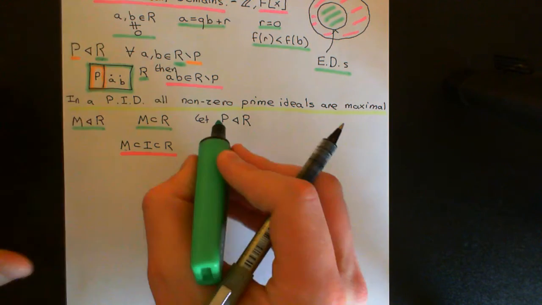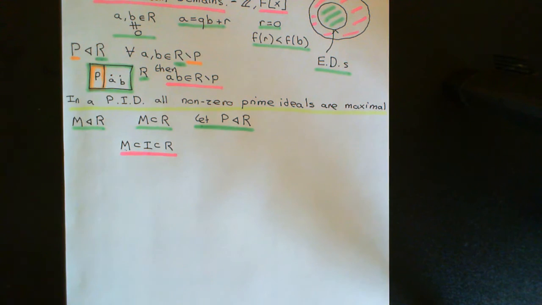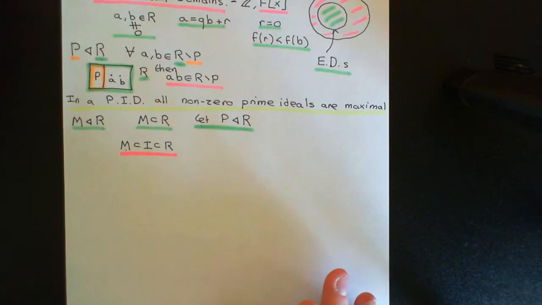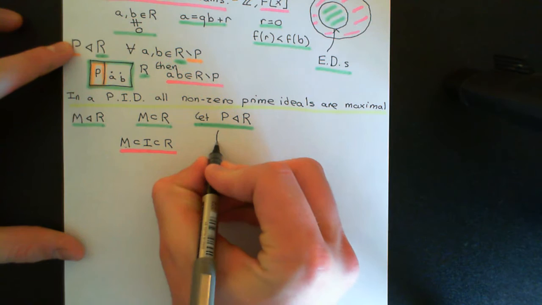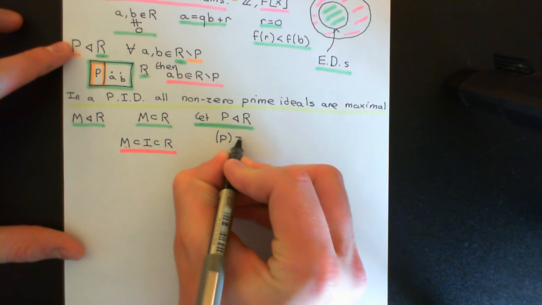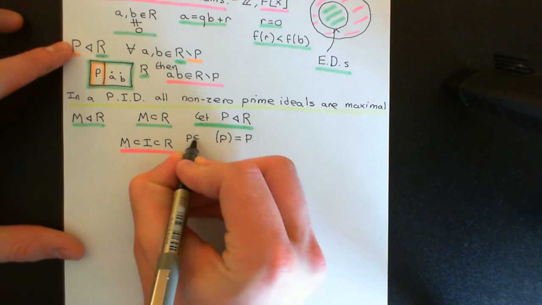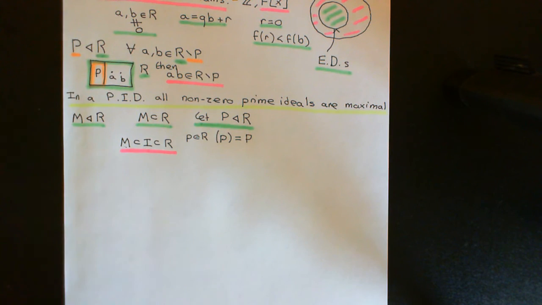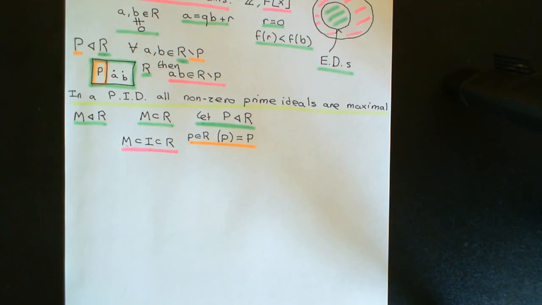Now, of course, what we can say is that because our commutative ring here is a principal ideal domain, this prime ideal has to be a principal ideal, because all ideals are principal in a principal ideal domain. So let's say that it's the principal ideal generated by p, where p is just some element of the principal ideal domain capital R, and it is equal to our entire ideal capital P. Excellent.